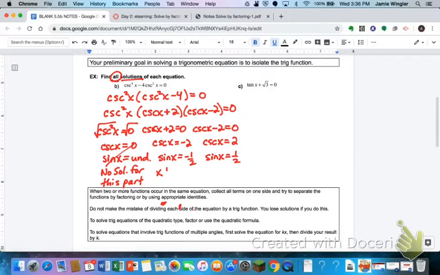So I'm going to write pi over 6 plus 2n pi. I'm going to include 5/6 pi plus 2n pi. I'm going to include 7/6 pi plus 2n pi. And I'm going to include 11/6 pi plus 2n pi.